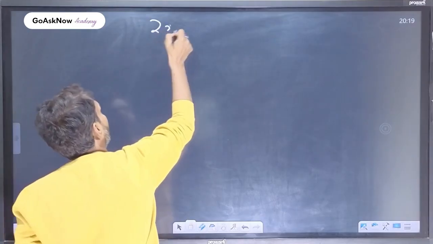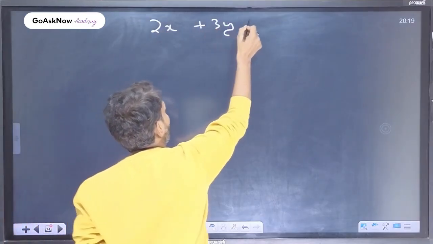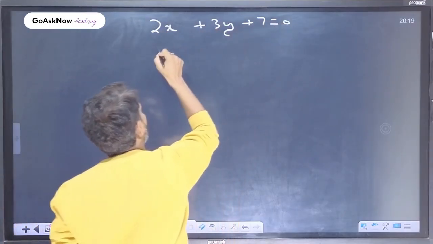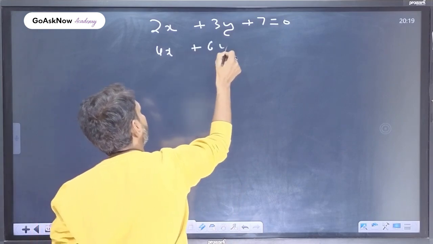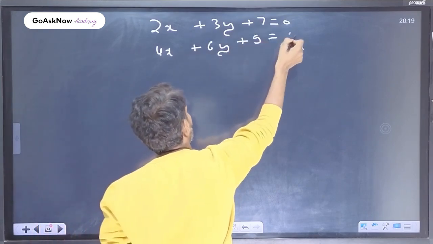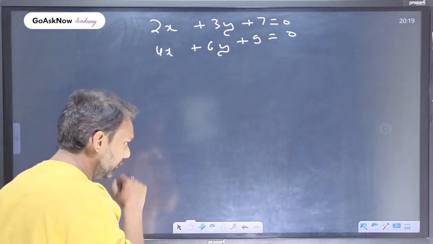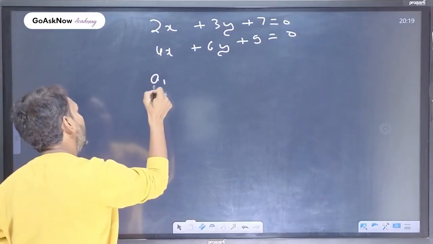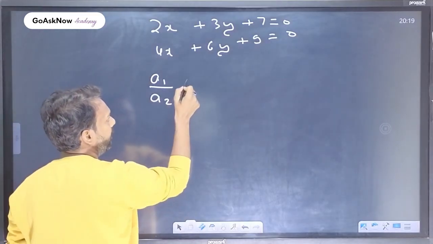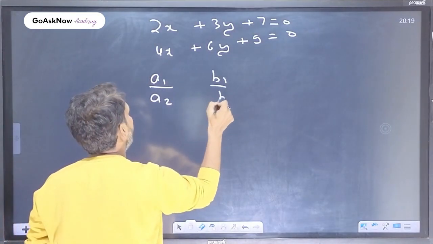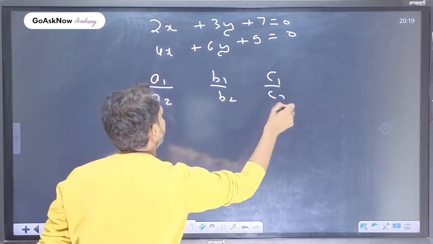Now if we have 2x + 3y + 7 = 0 and 4x + 6y + 9 = 0, again we will find the relationship between a1 upon a2, b1 upon b2 and c1 upon c2.